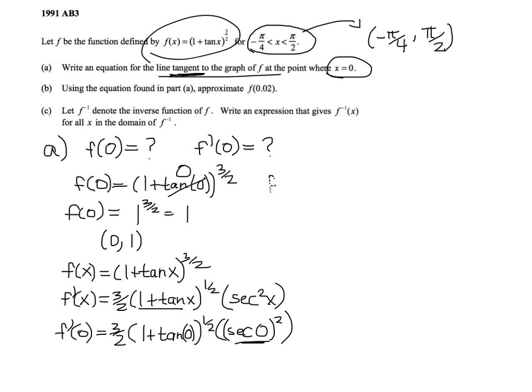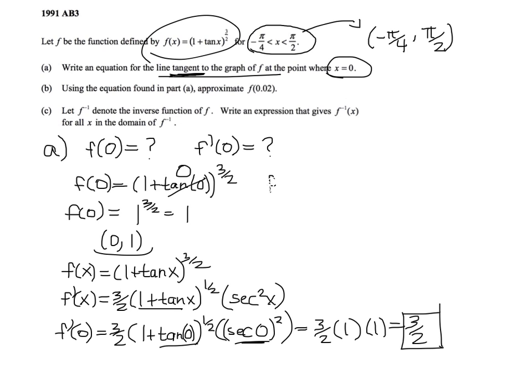Tangent of 0 was 0, so that's going to be 1 plus 0 is 1. So we're going to end up with 3/2 times the square root of 1 is 1. And then in here, secant of 0 is 1 over cosine of 0. Cosine of 0 is 1, so you're going to have 1 divided by 1, which is 1. 1 squared is 1 also, so what we're going to get for a slope is 3/2. So there's my slope of my tangent line.